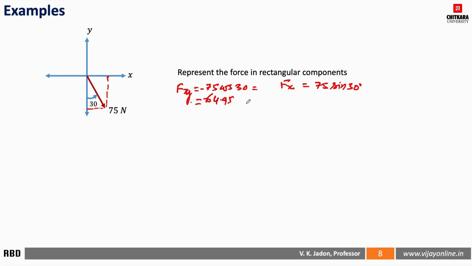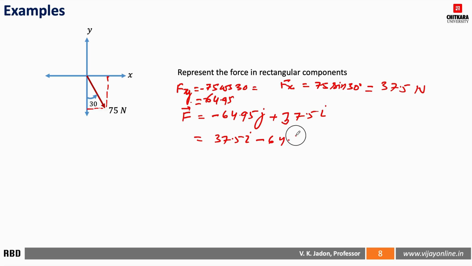Otherwise we can write this force as minus 64.95 j, and Fx is 37.5 Newton. This is positive, so we can write 37.5 i, or rearranging this we can write 37.5 i minus 64.95 j Newton. So these are the components.